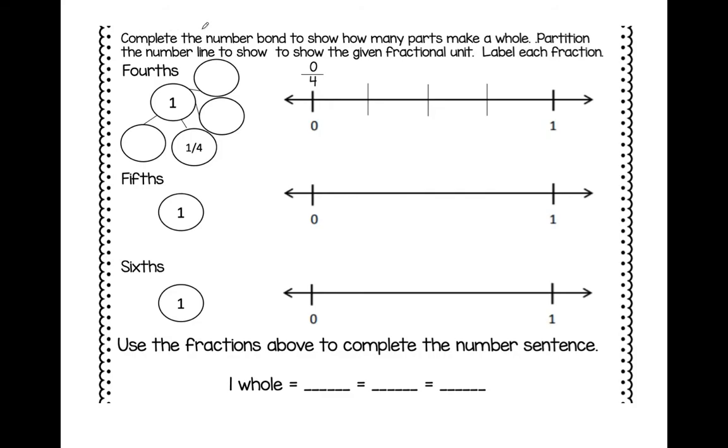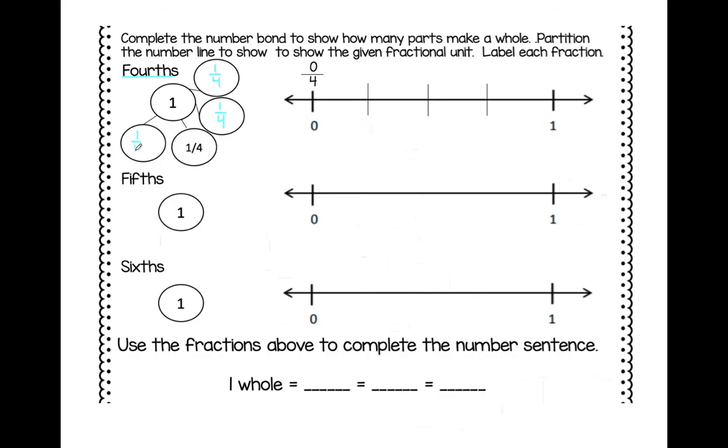We want to read the full directions, and it says to complete the number bond to show how many parts make a whole. Partition the number line to show the given fractional unit, and then label each fraction. So this first one is talking about fourths. They already drew 4 parts coming out of the 1 whole. So inside we are going to draw 1/4, 1/4, and 1/4.